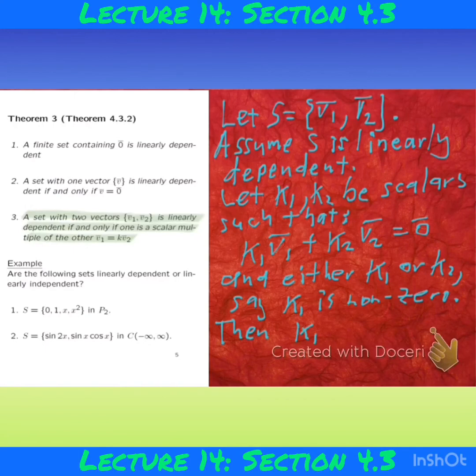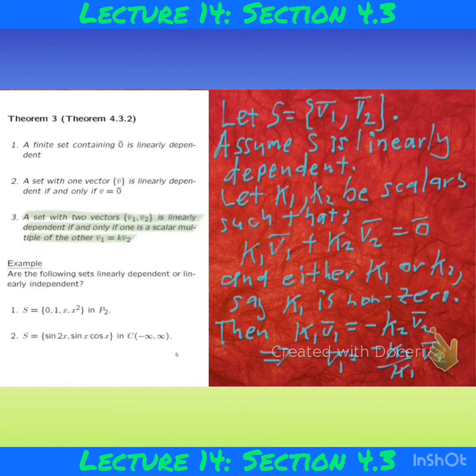All right. So then you can write K1 V1 as minus K2 V2, which then will imply that you can write V1 as minus K2 divided by K1 times V2, because K1 is non-zero.